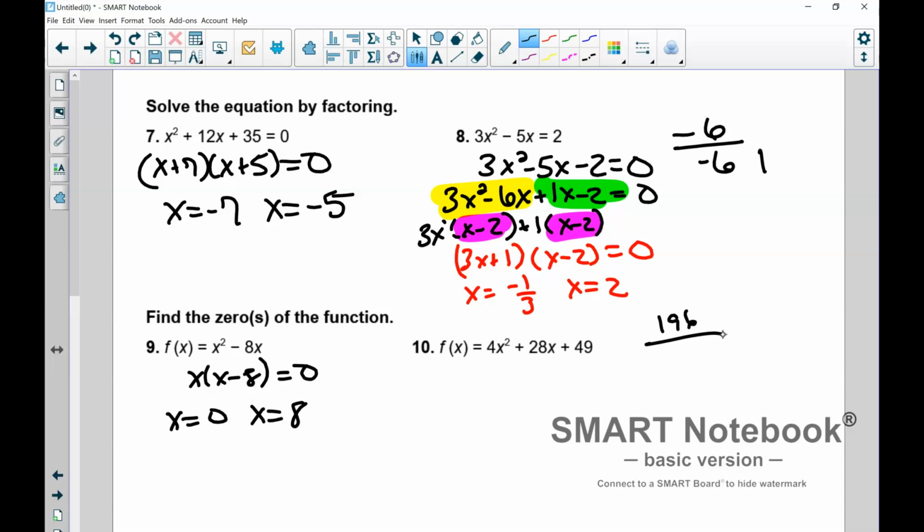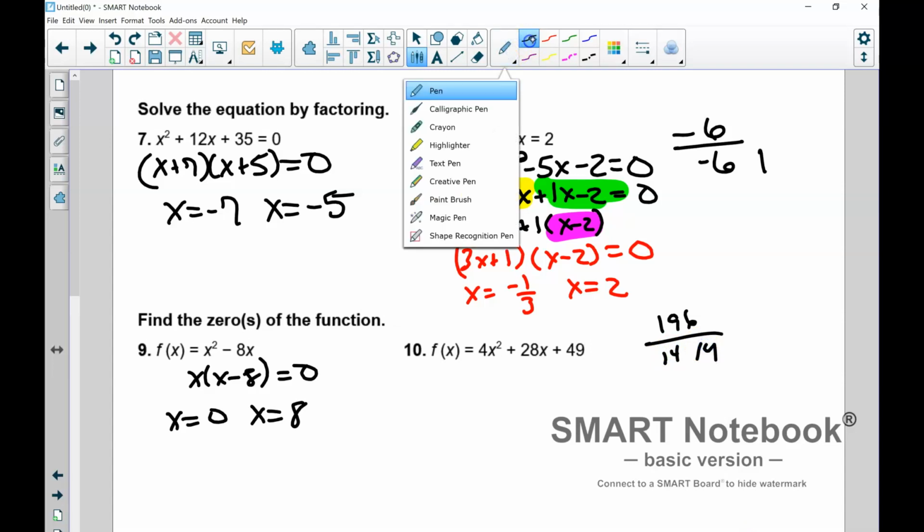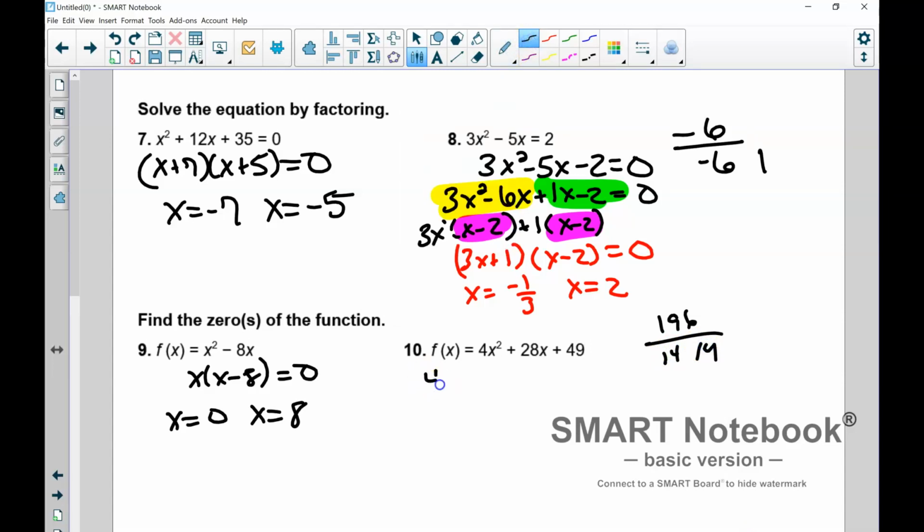I'm up to 12. 196 and 13. Aha, found it, 14. So 14 times 14. Okay, so then I have, let's see, 4x squared plus 14x plus 14x plus 49.